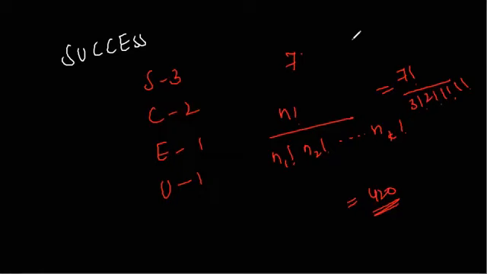So this is the formula for permutations with indistinguishable objects, that is, objects of the same kind.